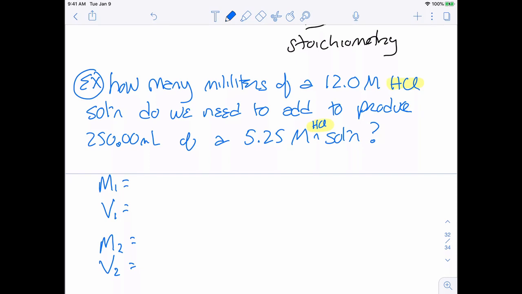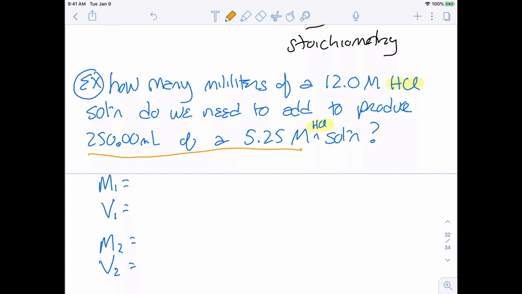Honestly, it doesn't matter which ones are the ones or the twos. If you want to make the ones the higher concentration and the twos the lower concentration, it doesn't matter. What matters is that you keep the right volume with the right concentration. So if I look at this, it's 250 milliliters of a 5.25 molar solution.